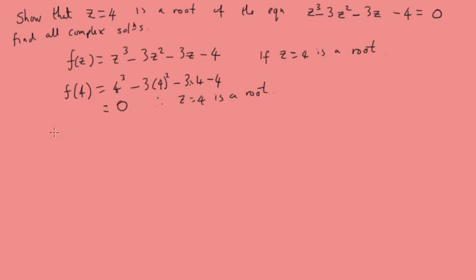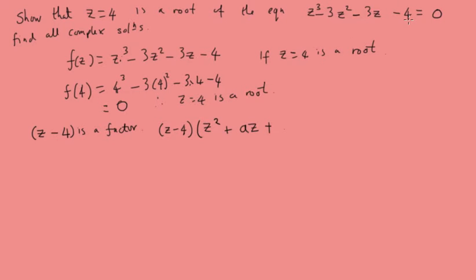So if z equals 4 is a root, then we can say that z minus 4 is a factor. So that means z minus 4 multiplied by, now we've taken a z out, so the highest degree of the rest is going to be z squared, plus a z, where we don't know the coefficient of z, so we're going to call it a, and then plus, now what number here? 4 is the root.